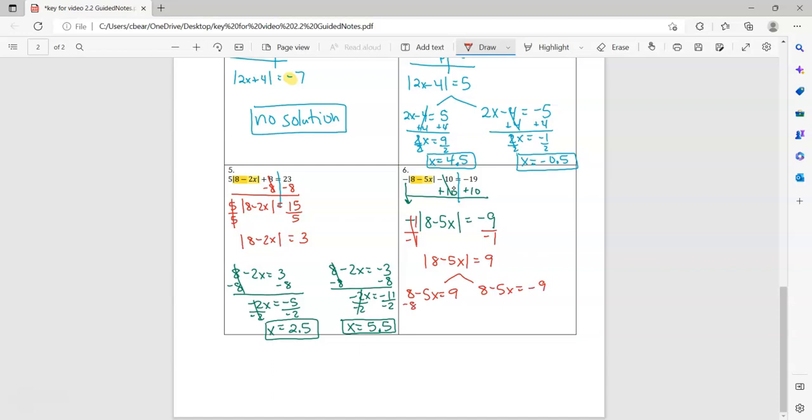Solving them both for x, negative 5x equals 1, divide by negative 5, and you know what, I'm leaving this as a fraction. I do not feel like finding the decimal for that, and plus I don't have to.